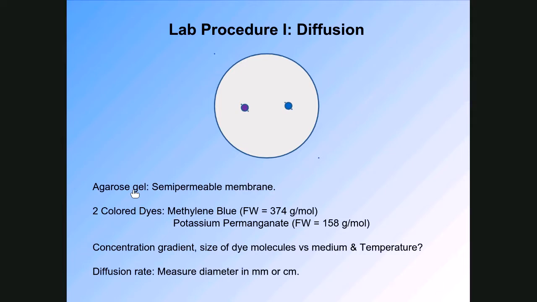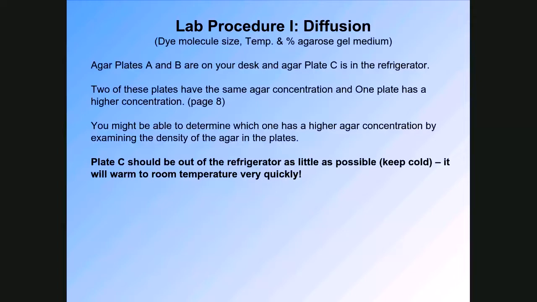So if you get a question about medium and how the medium affects the rate of diffusion, you would want to compare plates A and B. So this is the information here, and the differences in percentage of agarose are listed on page 8 of your lab. So I'm giving you the page right here where to locate it.